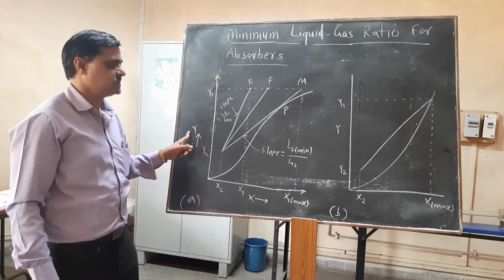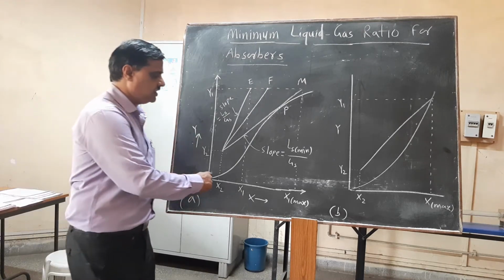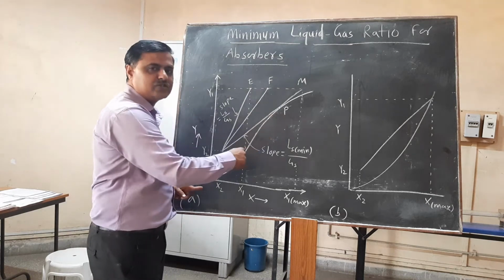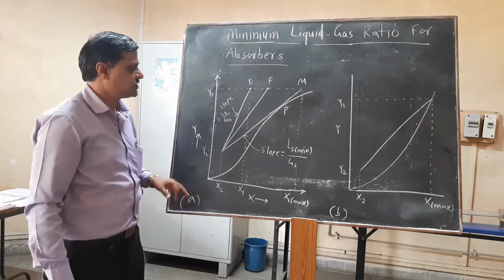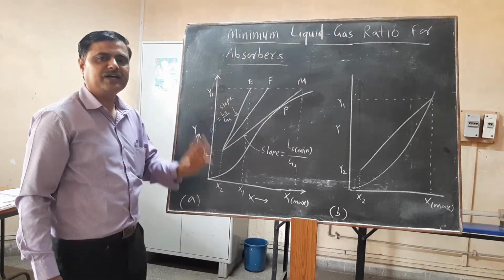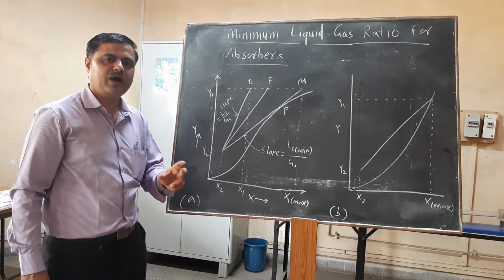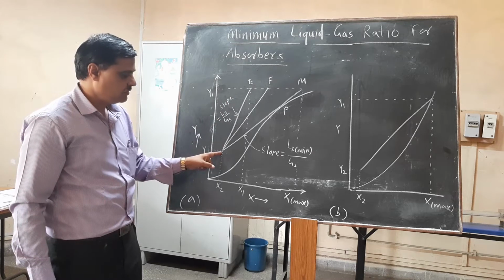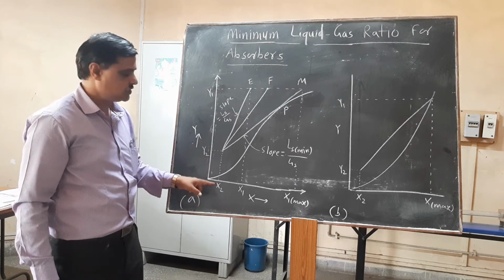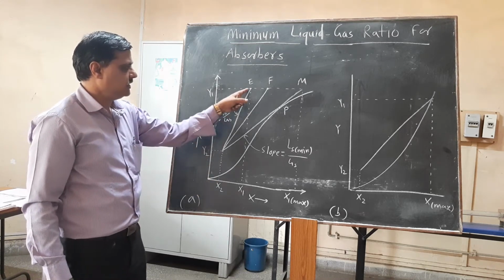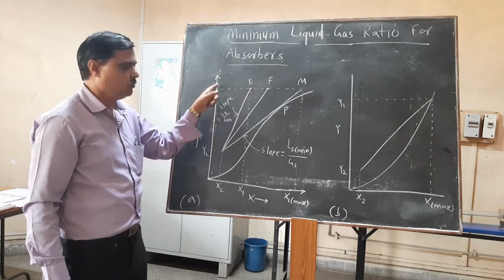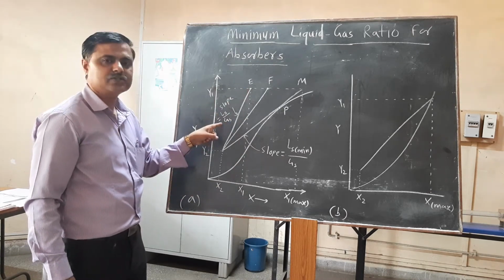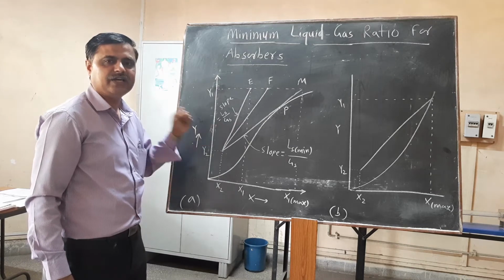This is the equilibrium curve, Y as a function of capital X. This is the operating line passing through the two points x1 y1 and x2 y2. This point has the values x2 y2, and the other point has the values x1 y1, with the operating line having a slope of Ls by Gs.